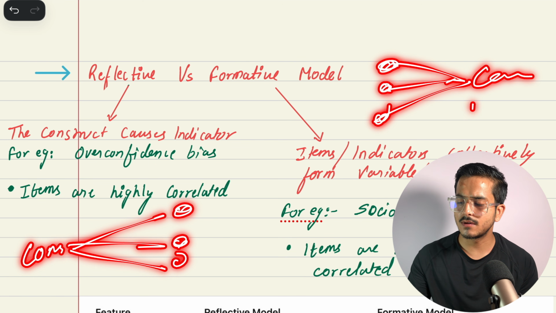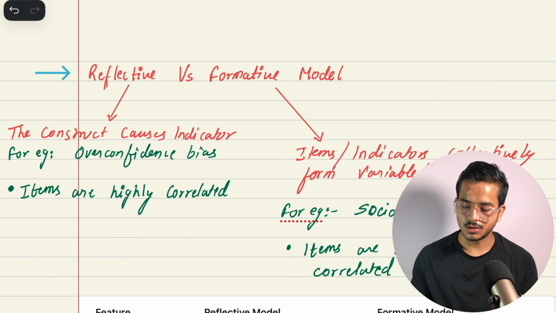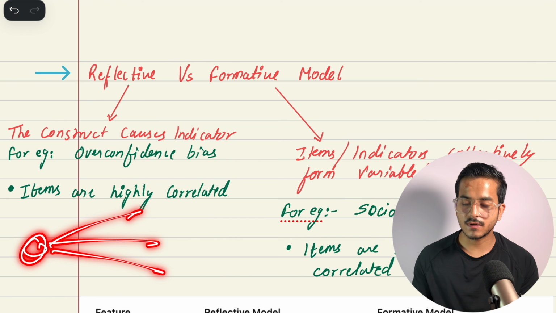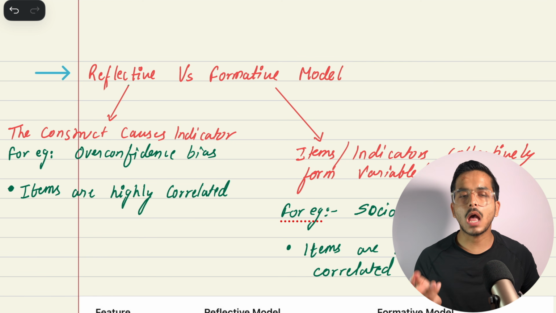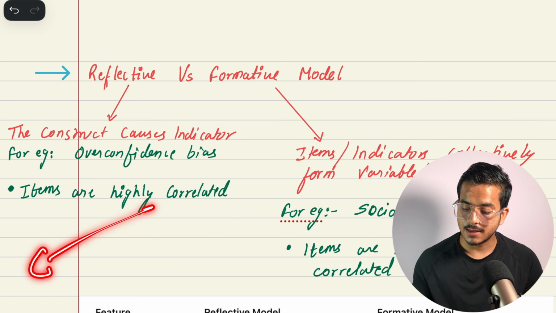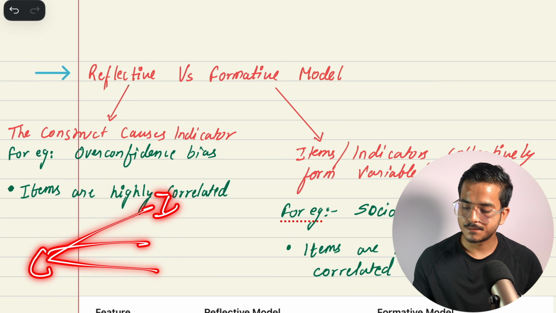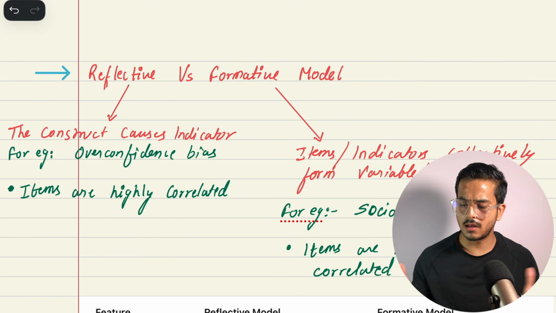Construct or variable for that matter. So the construct causes indicator. We have a construct and we find different ways in which it can be answered by our respondents. That is construct, then items or indicators. We call them the same.